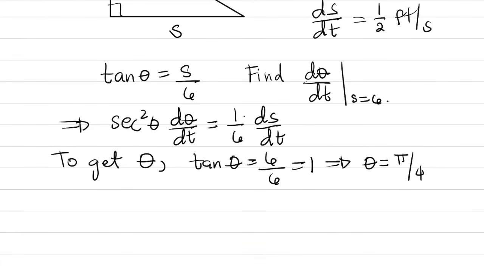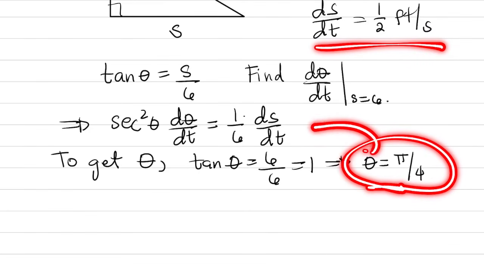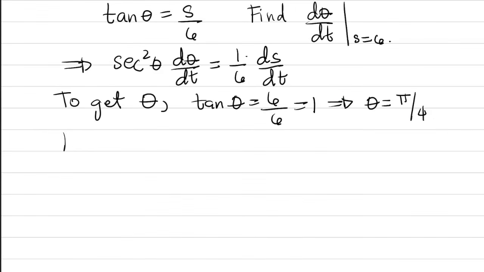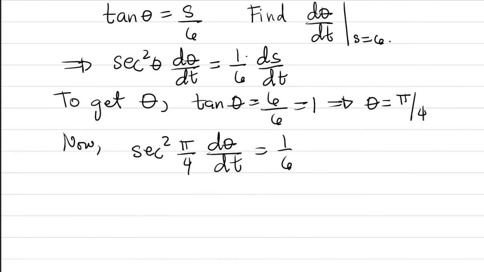Okay, now we plug in ds over dt and theta into this equation. So we have secant squared of pi over 4 times d theta over dt equals 1 over 6 times ds over dt, which is 1/2. Okay, but what is secant of pi over 4?